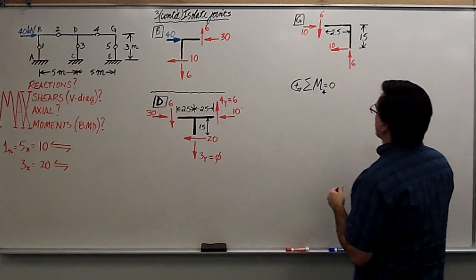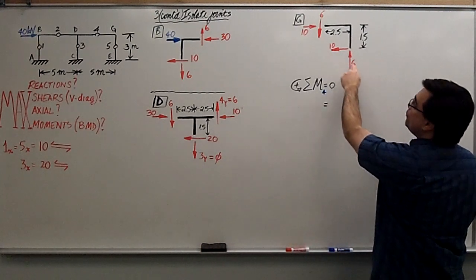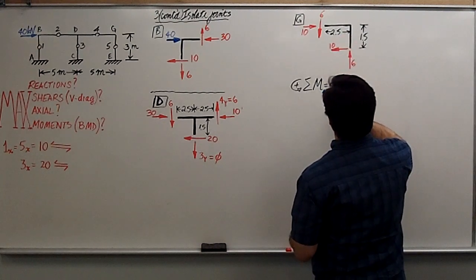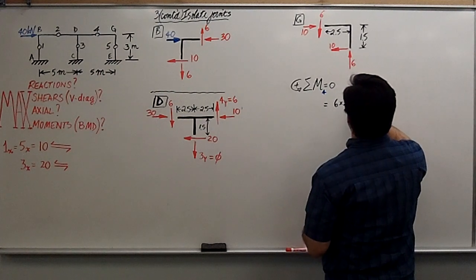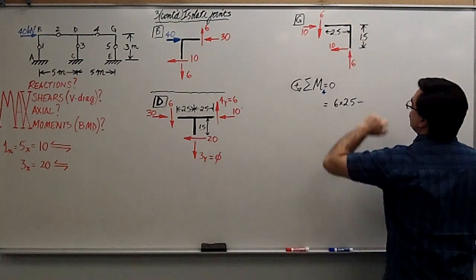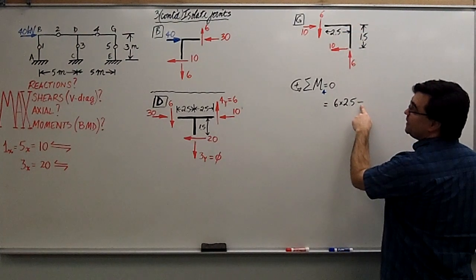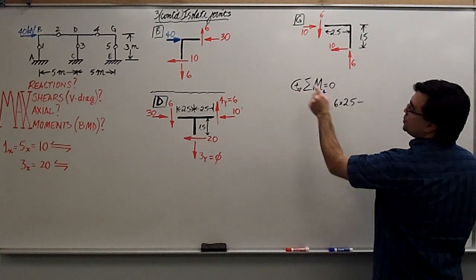So what do we get? We get 6, a vertical force times a horizontal distance of 2.5, and 10, a horizontal force times a vertical distance of 1.5, but that's a negative moment, okay? It's the opposite direction of that.